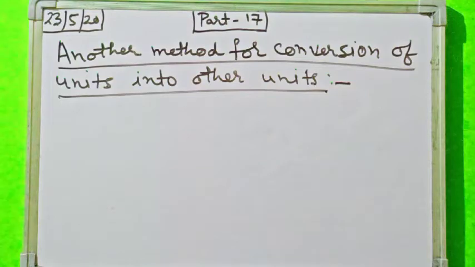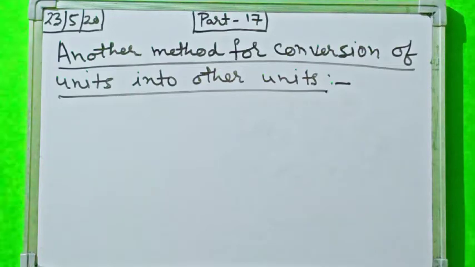So, today we are going to discuss another method for conversion of units into other units. As in the previous video, we had discussed the method for conversion of units into other units.